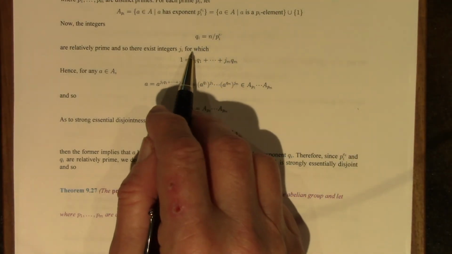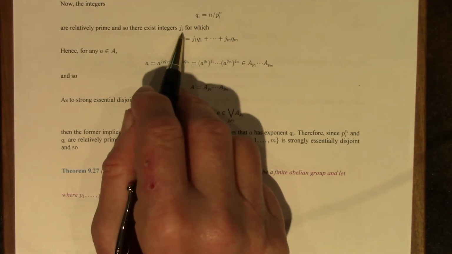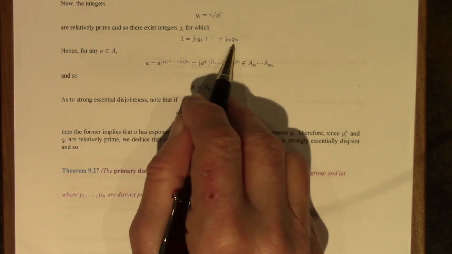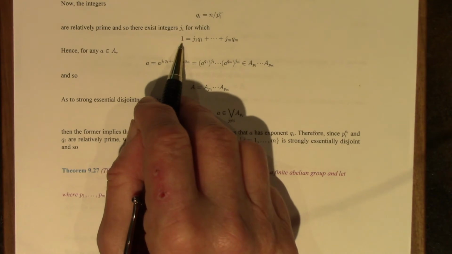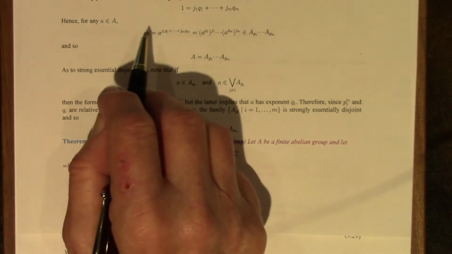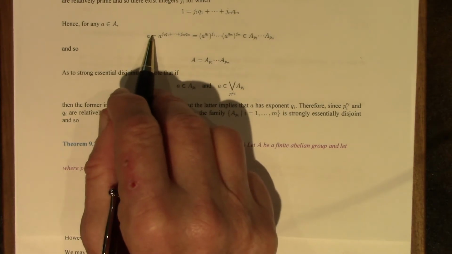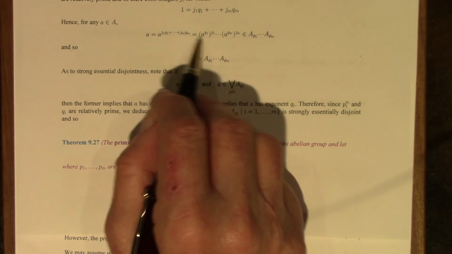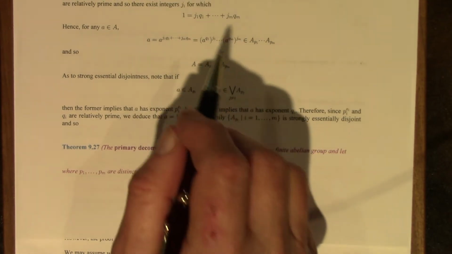And therefore Bezout's identity tells us that there exist integers, ji, for which this linear combination of the q's is equal to 1. Therefore, if we take any element a of A, we can write it as a to the power 1, which is this. We can then split this up into this product.